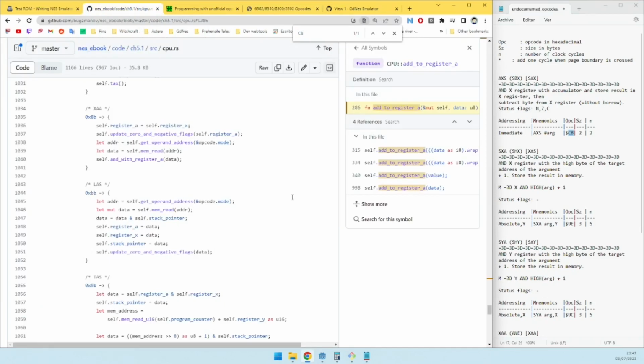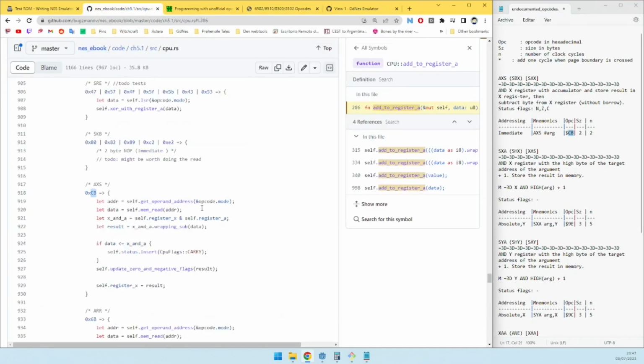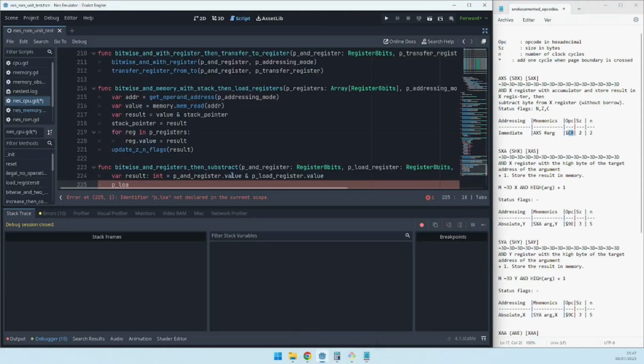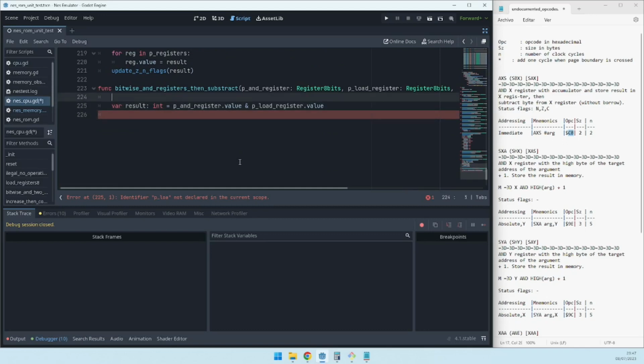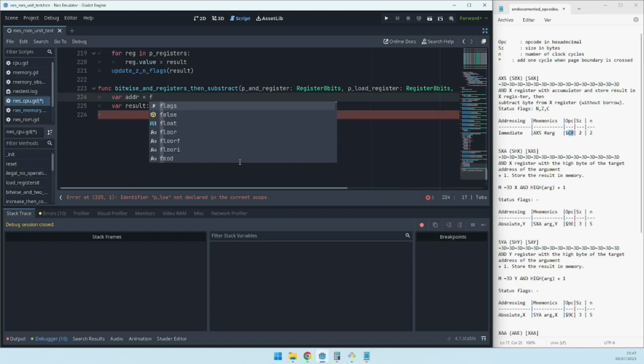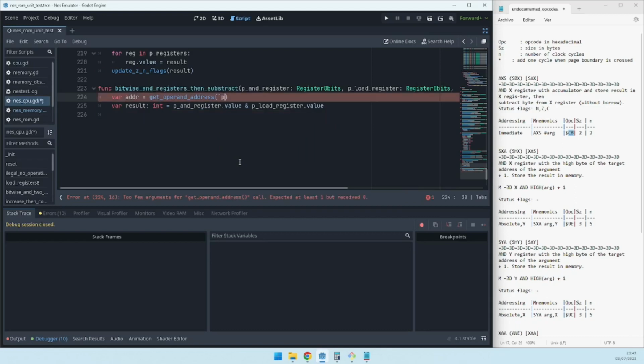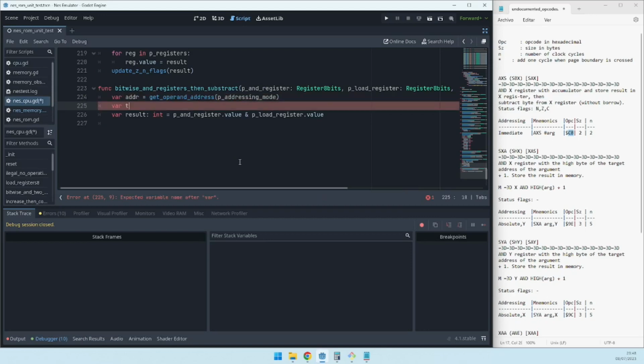Let's see if I can find. So it first gets the value from memory, the addressing mode, and a variable to subtract.